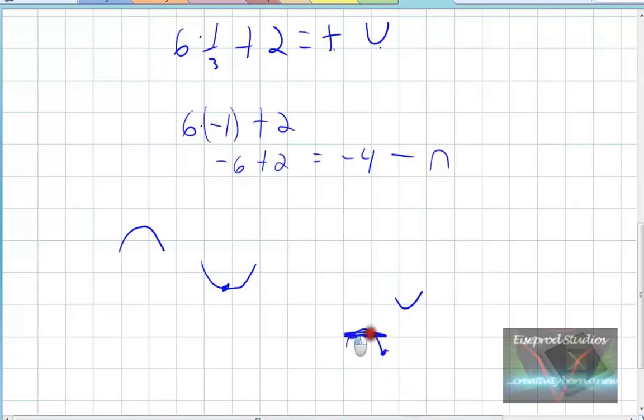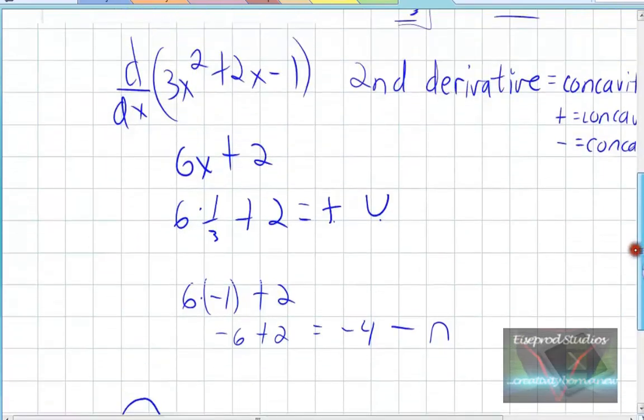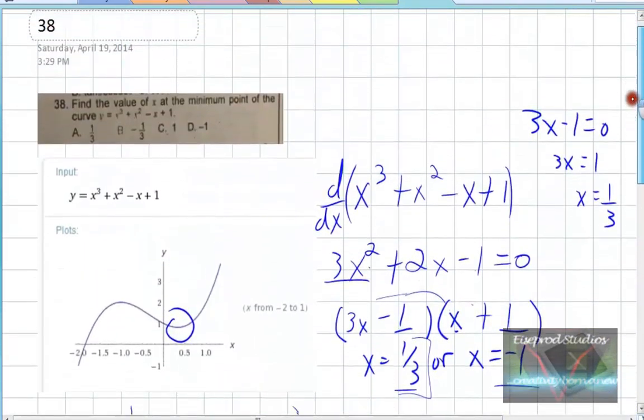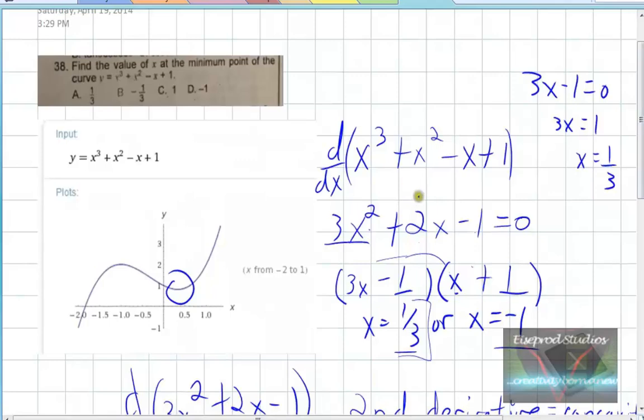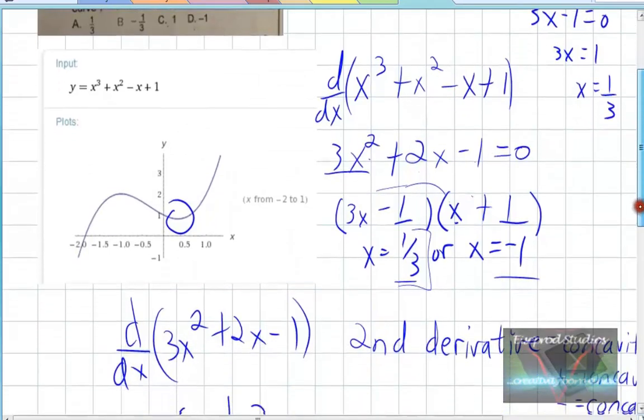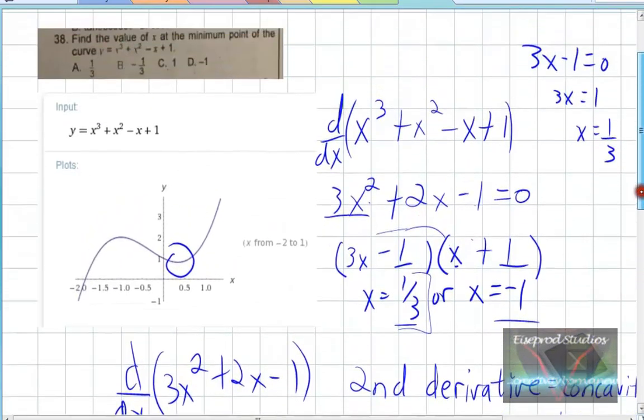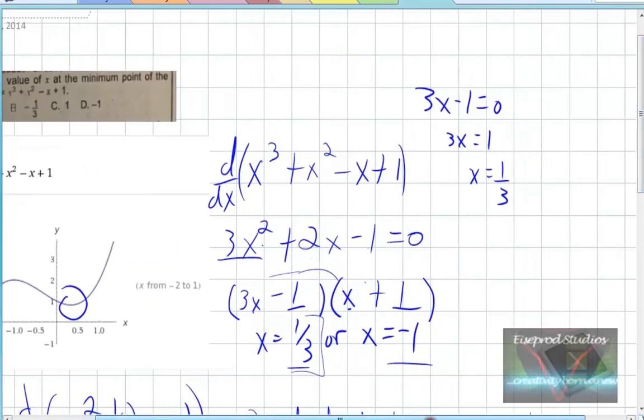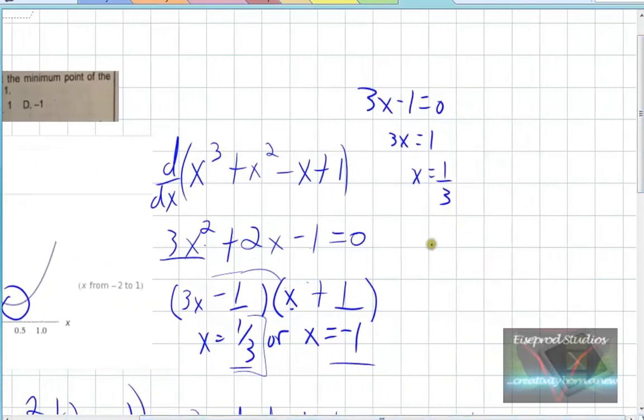But that can be checked for by doing a small sort of plot or a small graph of what the original curve looks like. So you could do it like this. Here's the original equation.